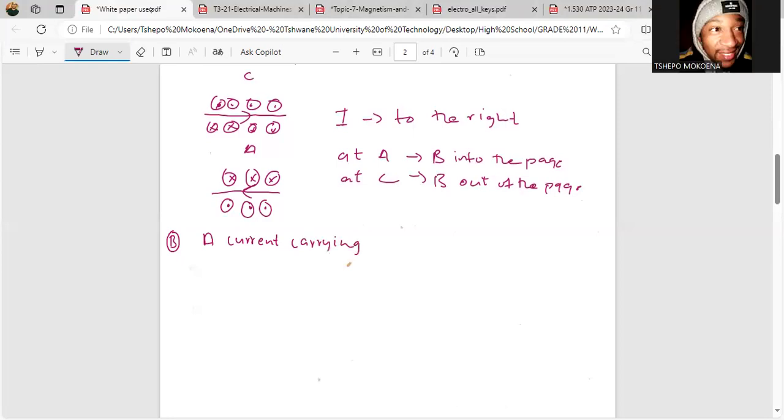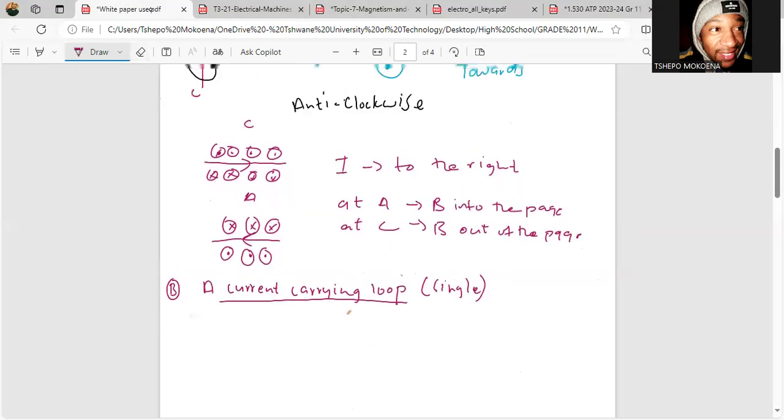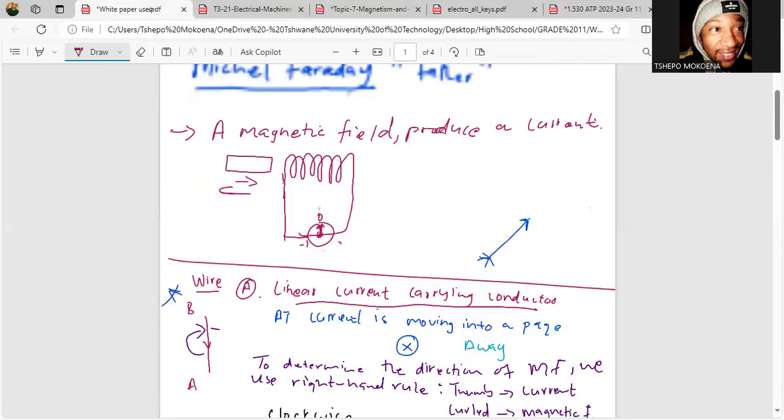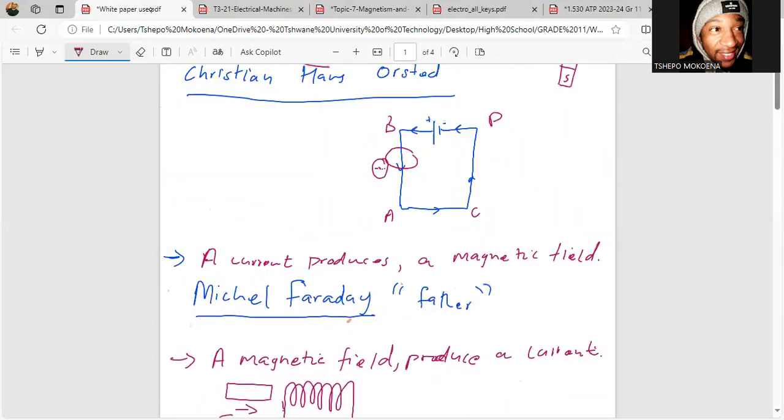Carrying a loop. Right, a single loop, by the way. All right. So now apparently this circuit can be represented like this.